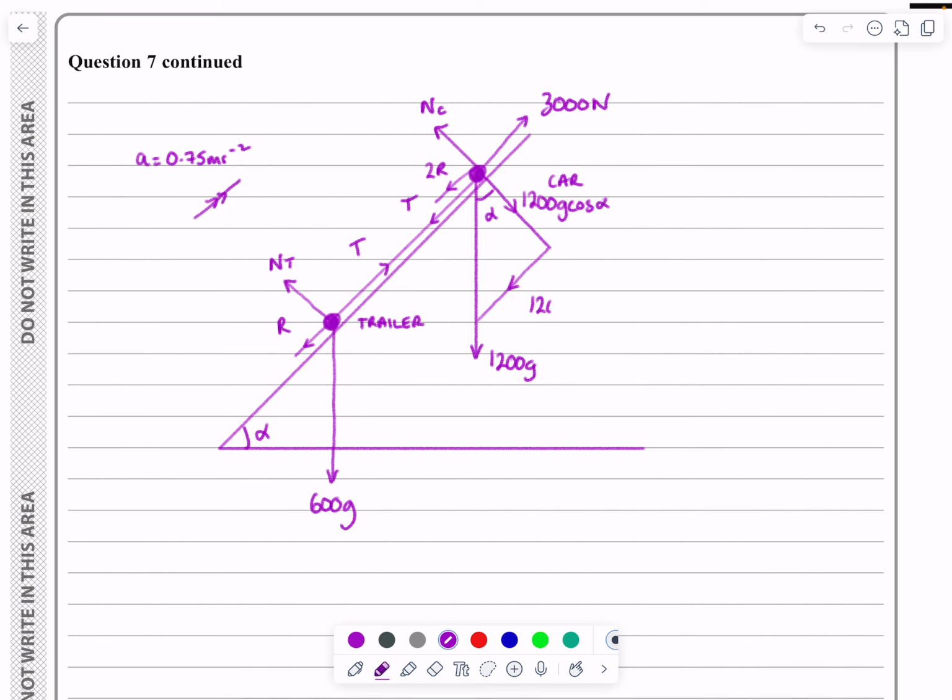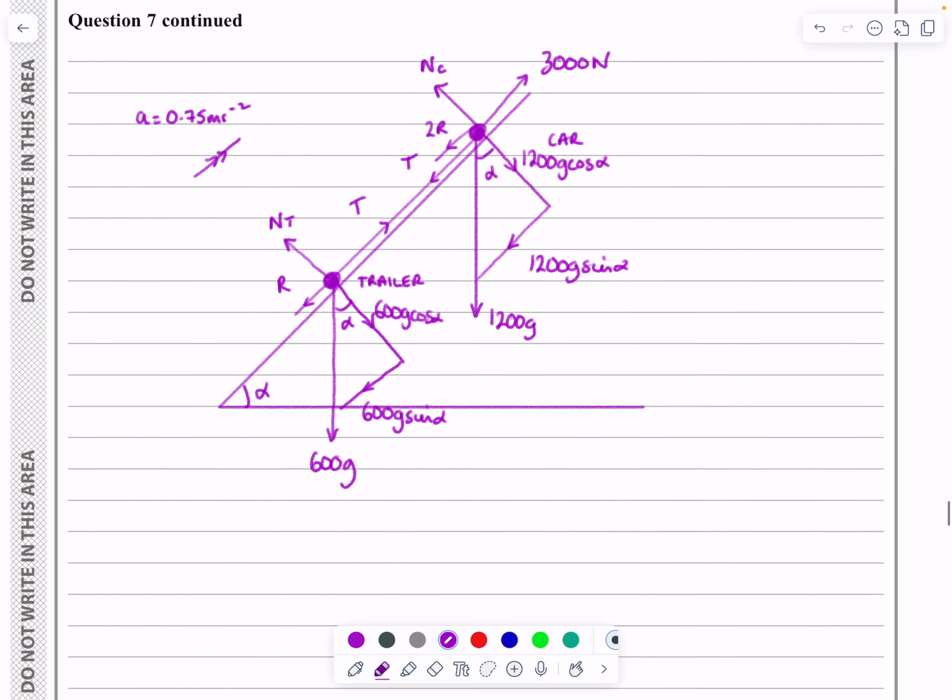That's 1,200 G sine alpha, resolving the weight 1,200 G. Now let's do the same thing for the 600 G. Very similar: 600 G cos alpha there, apologies, not 1,200, and 600 G sine alpha there. So let's have a proper check of that diagram. Yeah, I'm pretty sure that's everything on there.